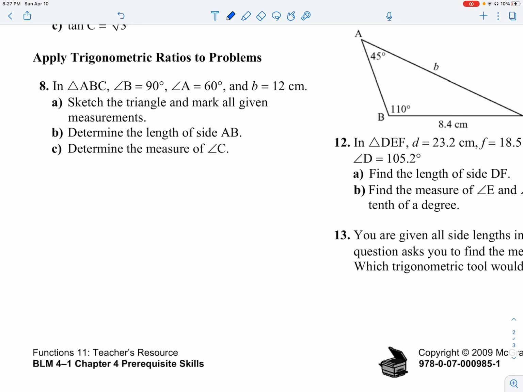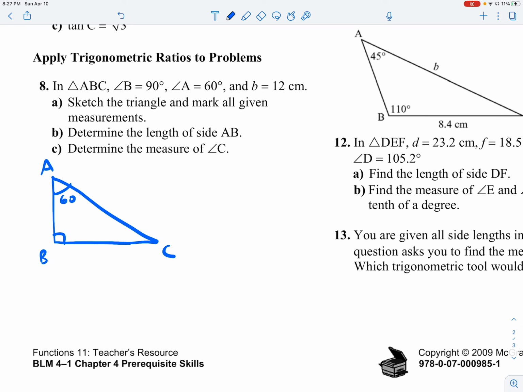So we have angle B. We can draw that first. B is 90. We have angle A is 60. So I could do that like this, and I'll make that next bigger one 60. That's angle A, and here we'll have to be C.